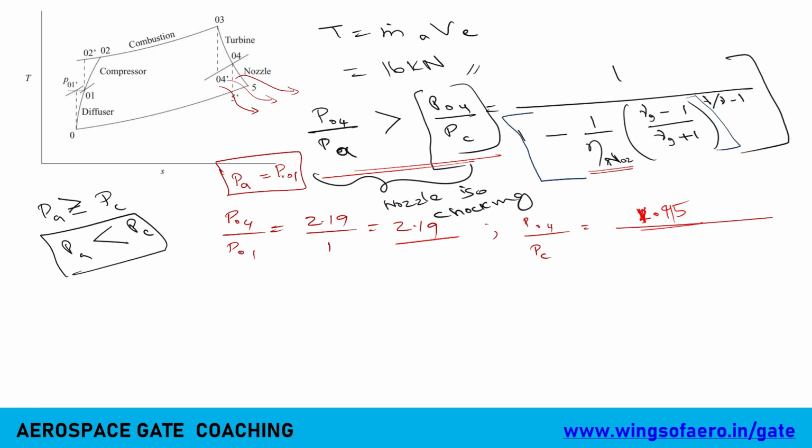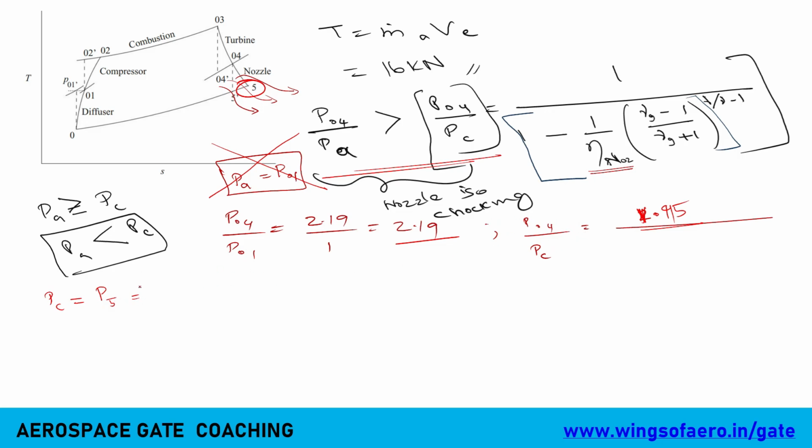Right now you just understand that if P04 by PA is greater, it will be compressible flow. That means the exit pressure is not going to satisfy this. So we need to find P5. PC is going to be the same as P5 at that time.